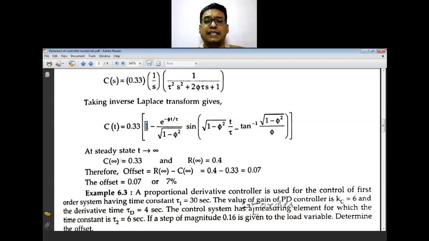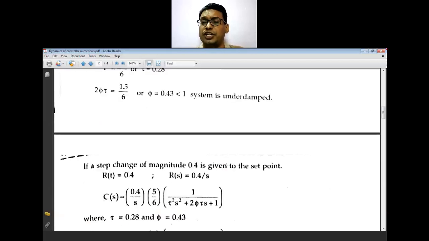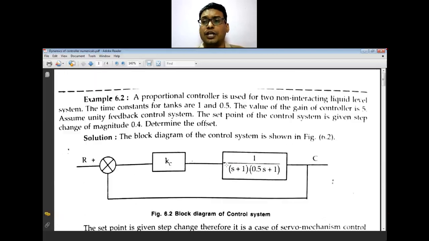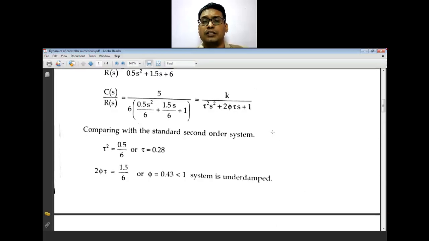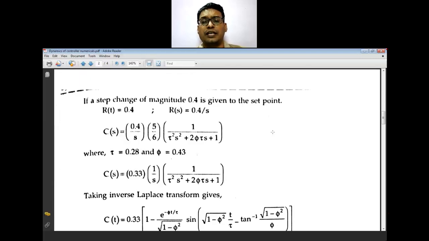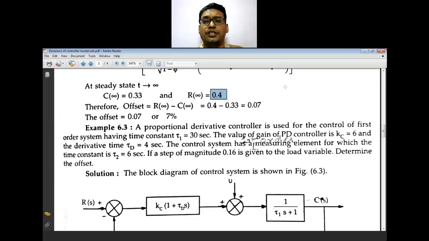So 0.33 will be the C infinity value, and R infinity is 0.4, which is already mentioned in the numerical: the set point of the controller is given a step change of magnitude 0.4. This step change is nothing but R infinity. So the offset comes as 7%.